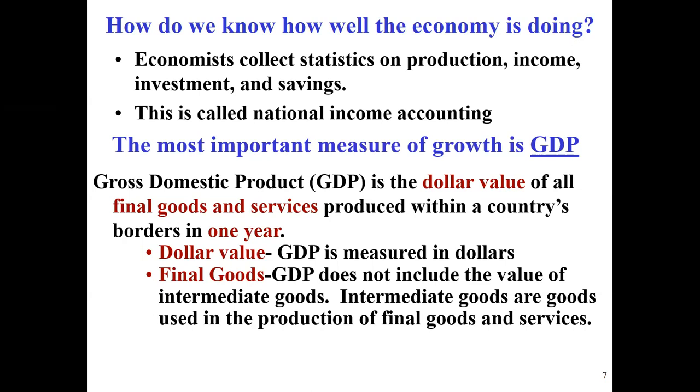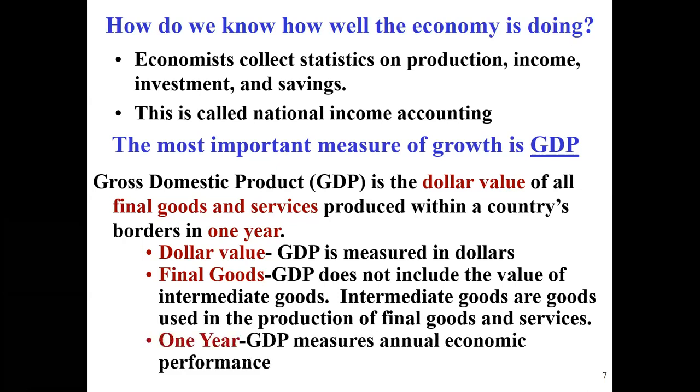If I sell flour to the bakery, that's not part of GDP because the bread is going to include the price of the flour. However, if I sell flour to a household, if my wife goes and buys flour at the grocery store, that is GDP because that's the final sale. Okay, usually within a year.